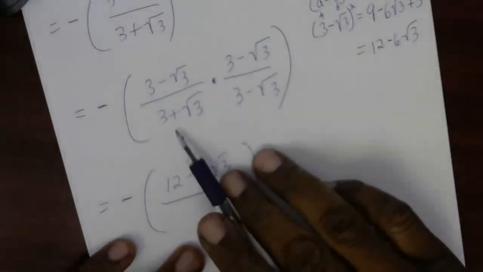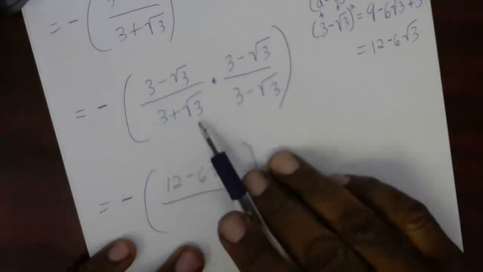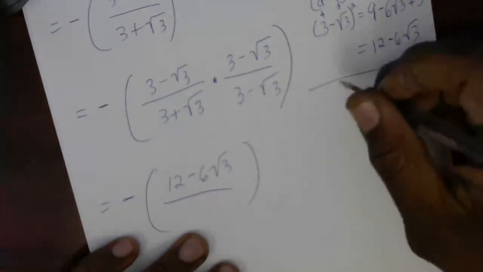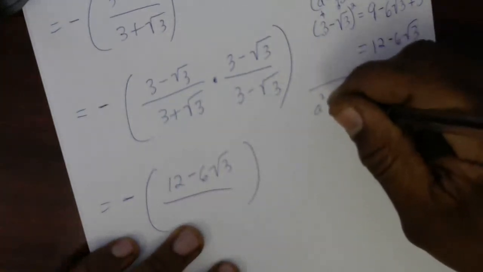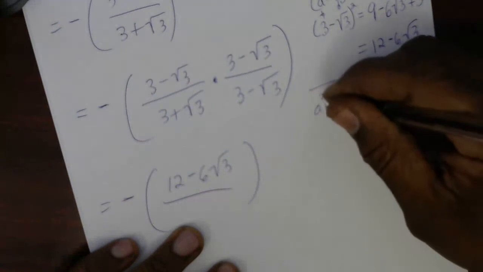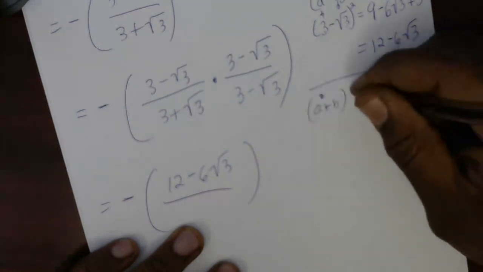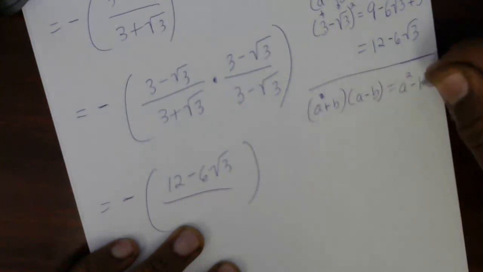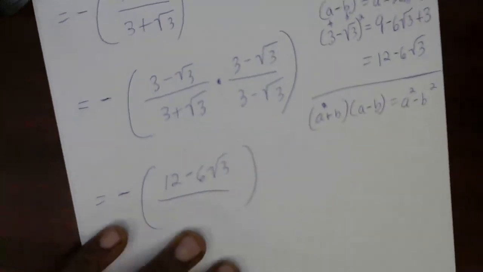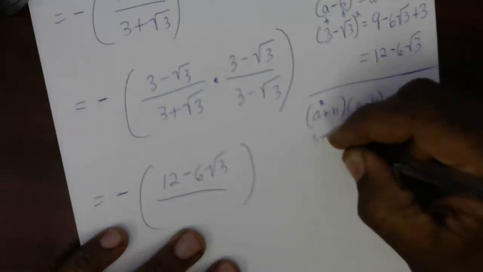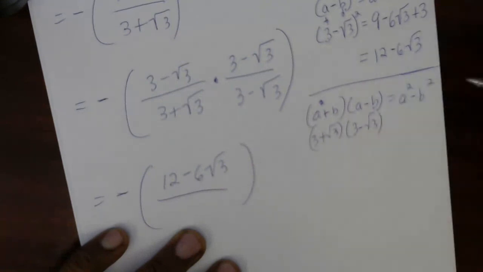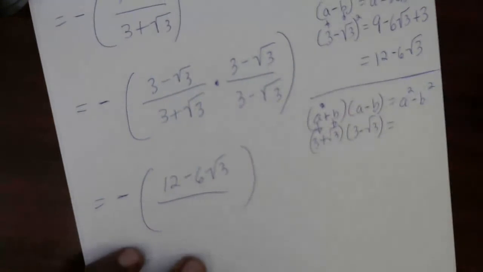In the denominator, we have a sum and difference of a binomial, 3 plus the square root of 3 times 3 minus the square root of 3. The other formula we were using was A plus B times A minus B is equal to A squared minus B squared. So I can substitute A for 3 and B for the square root of 3.